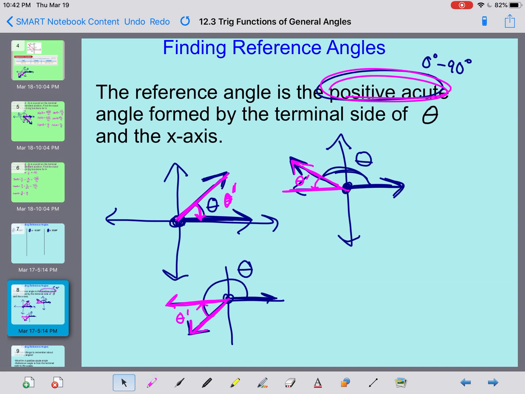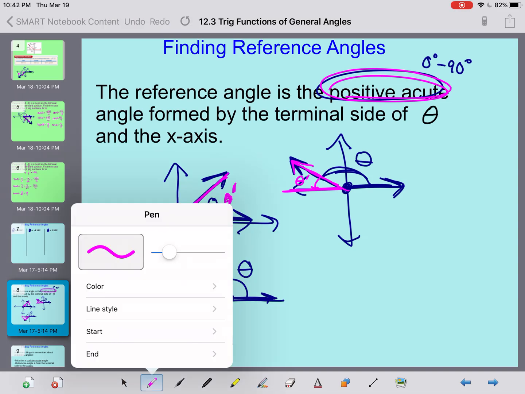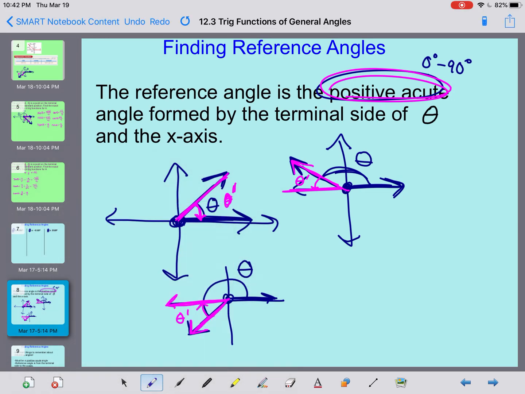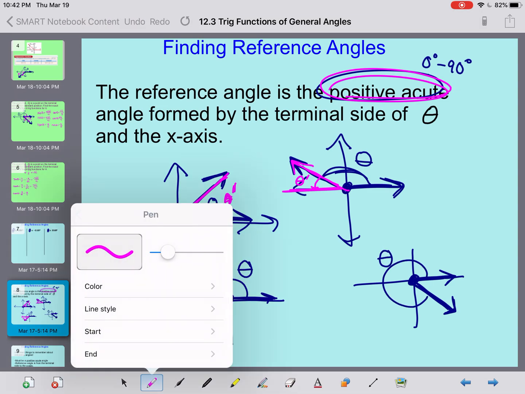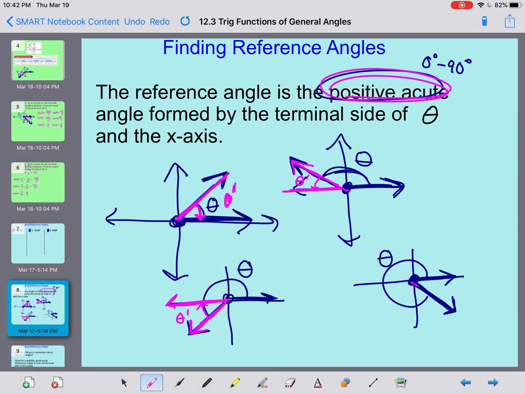And then one more quadrant. Here's my initial side. Here's my terminal side. Here's my theta. My reference angle: find the terminal side, go to the nearest x-axis. This pink angle is your reference angle.